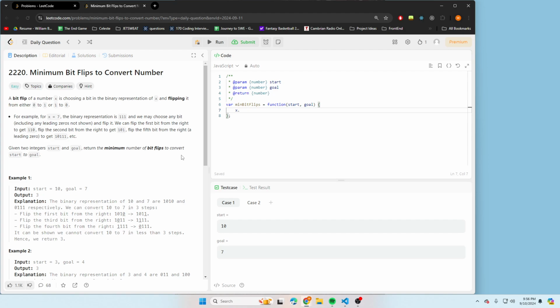It's a JavaScript built-in function to convert a number into a binary number. What is it? Hold on. Is it toFixed?